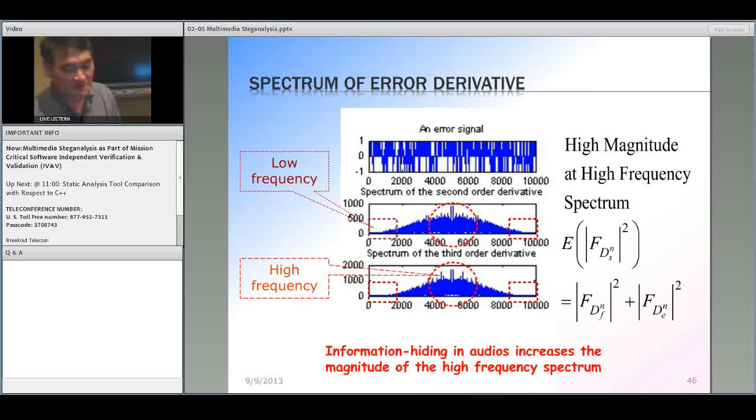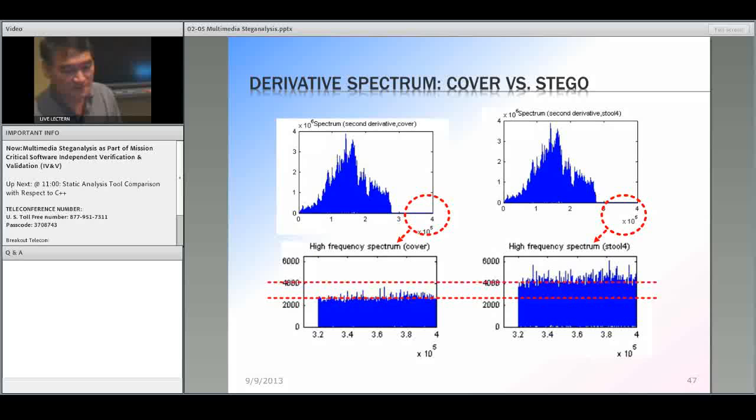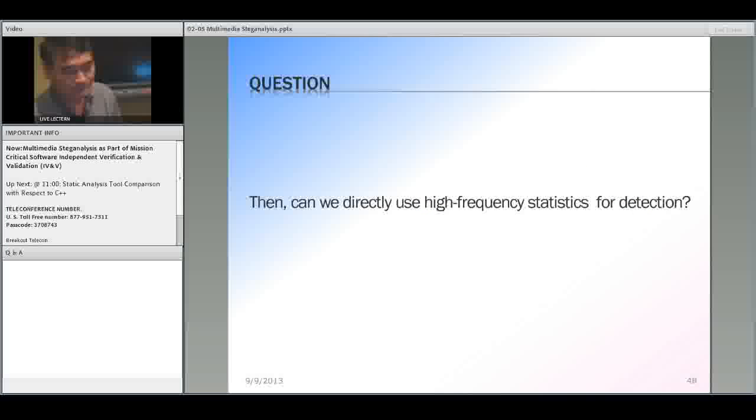You'll see the difference. It's what we call derivative-based audio steganalysis, which we published in ACM Transactions on Intelligent Systems, I think in 2011. One paper there.